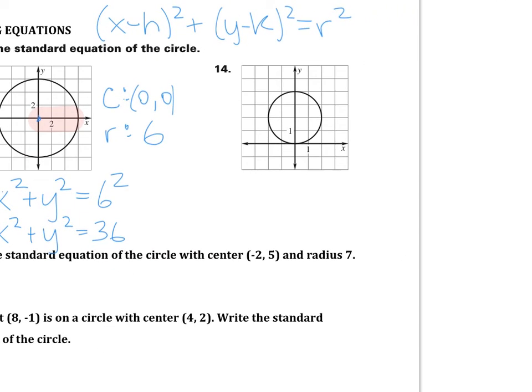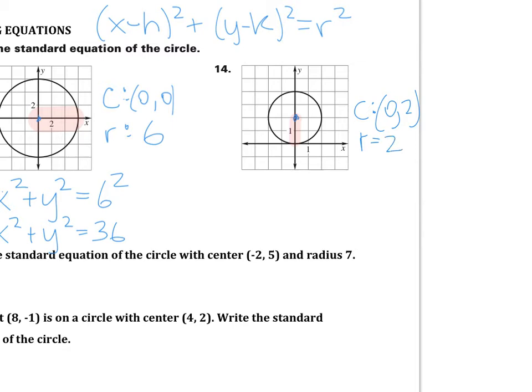Again, find your center. The center is 0, 2. Radius, count your spaces, 2.